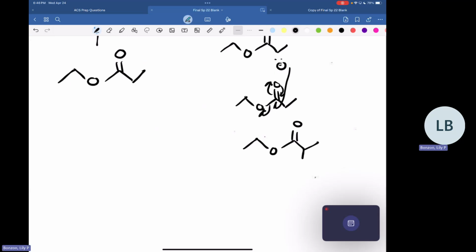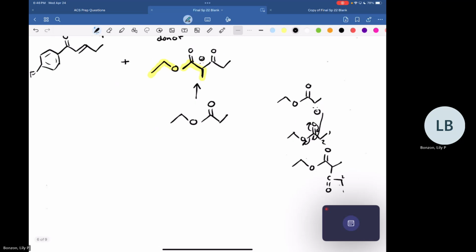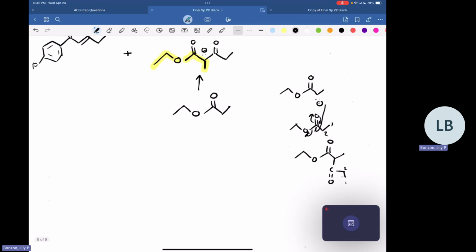Then have this. So again, it looks a little bit wonky because I'm always bad at putting them in the right direction. But we do form the same compound that we have right here.